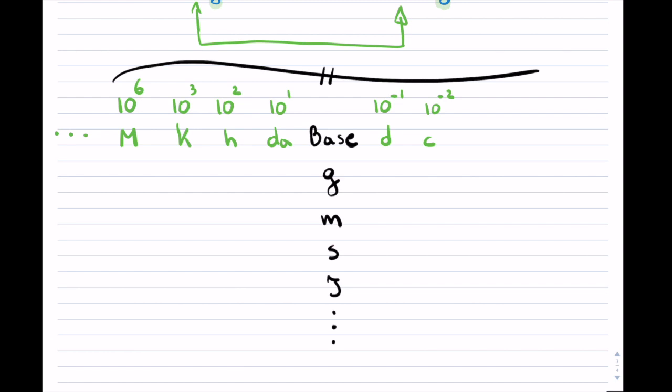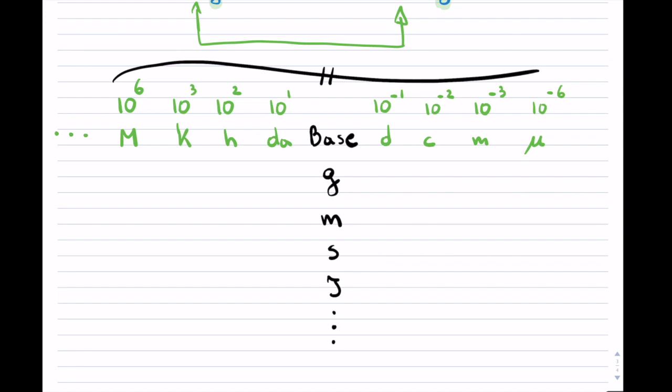Then we have milli, and milli is 10 to the minus 3, which is 0.001. And then we have this funny symbol, which looks like a U. This is a Greek letter mu, and it is 10 to the power of minus 6.